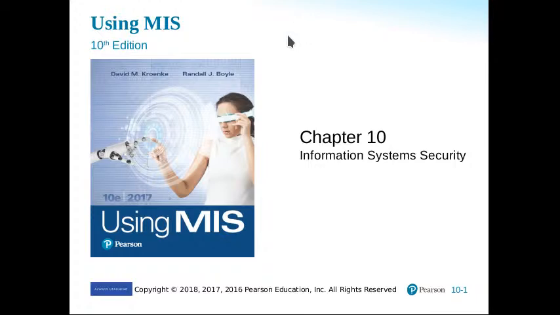So in chapter 10, we will talk about information system security. Now we care about the security of the system. We have been learning a lot about information systems, some very specific and modern ones, and we know how they help with doing business activity.